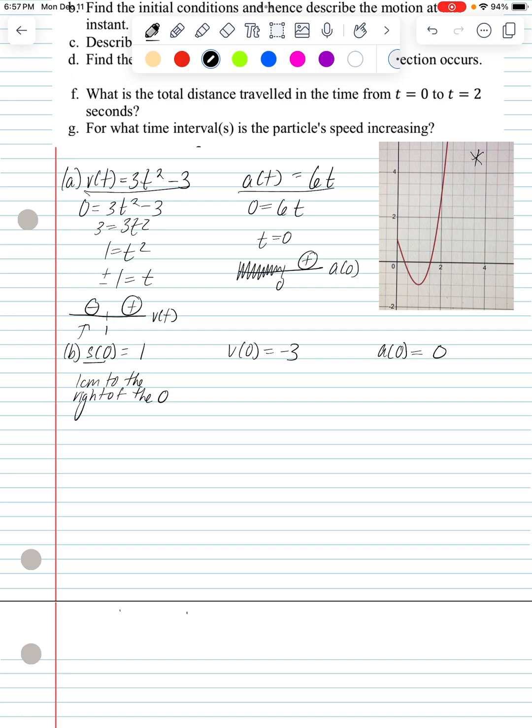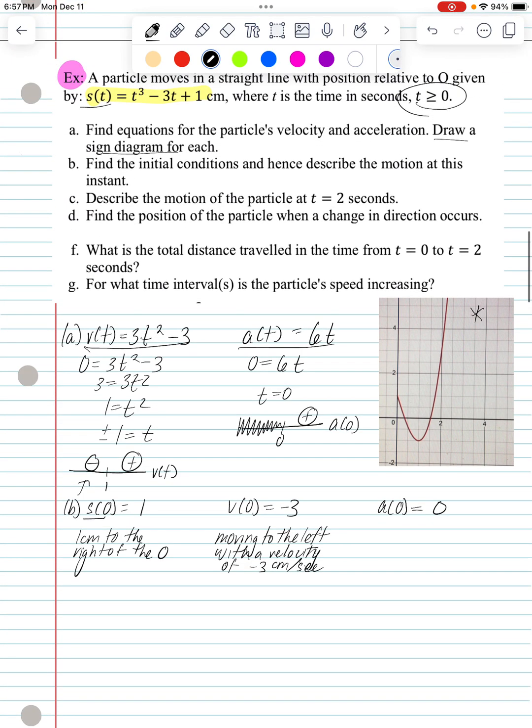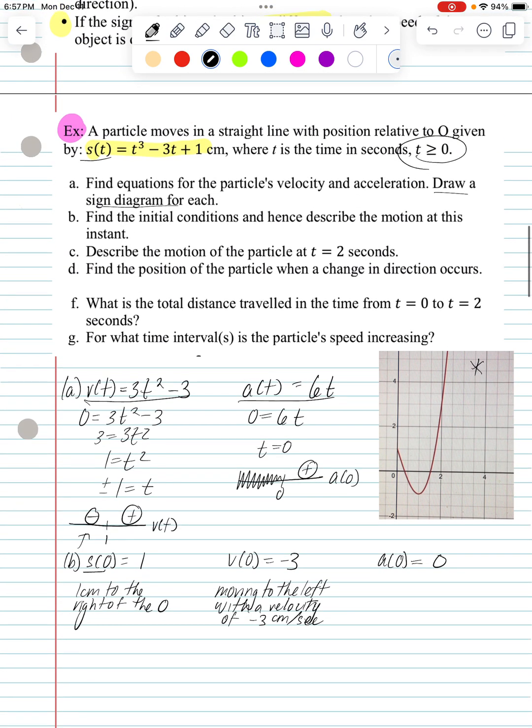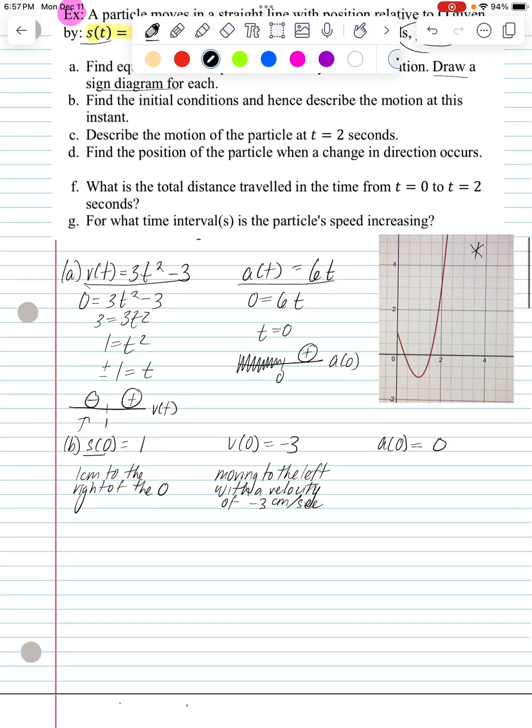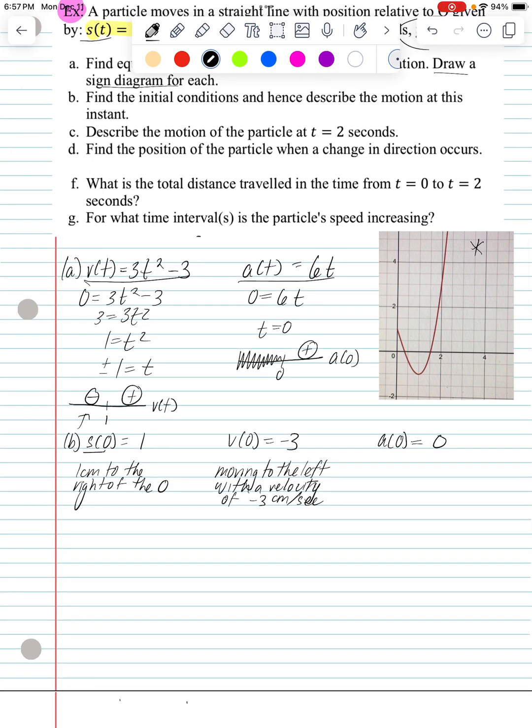So this is saying the particle is moving to the left with a velocity of negative 3 centimeters per second. And again, I know this is in seconds because it was provided in the question, time is in seconds. And the acceleration being 0 just means that our velocity is constant.